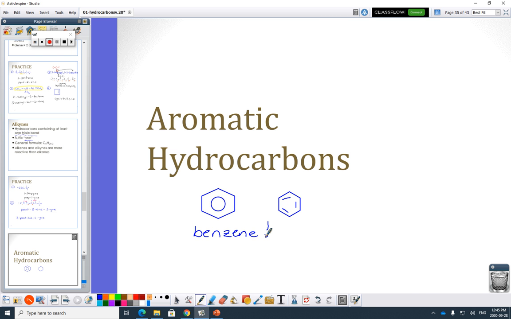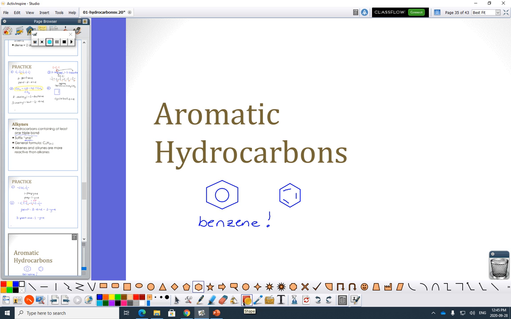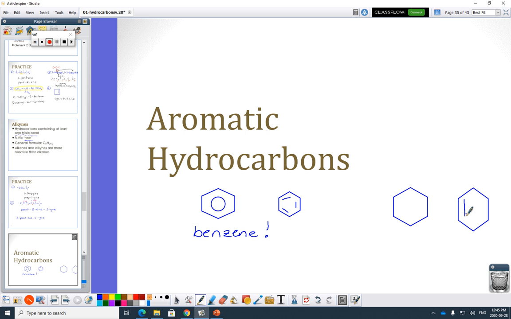Okay, but never like this. Not benzene, this is cyclohexane. Not benzene, this is cyclohexene. You have to have alternating double bonds, which in a ring of 6 means there has to be 3. Okay? So not 1, not 2, has to be 3. Most of the time, to be honest, you'll see it like this, with the circle inside.